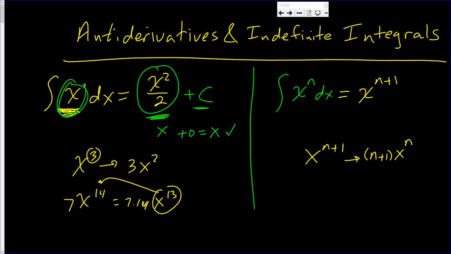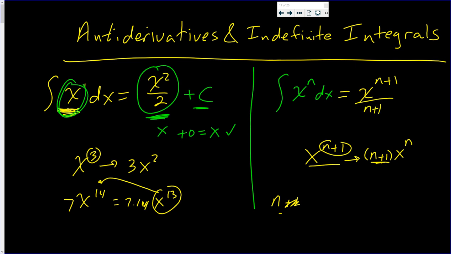Because if you have n and then you add 1 and you take away the 1, you're back to n. But I don't want that. Oh, I get it. I will divide by n plus 1.